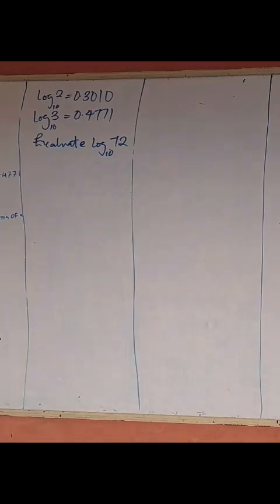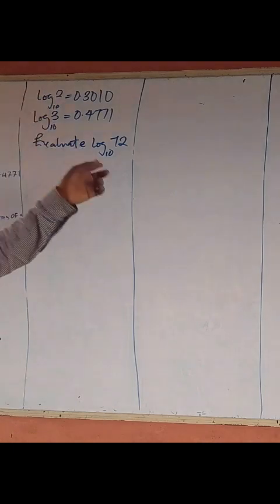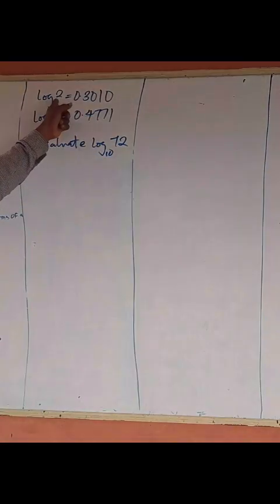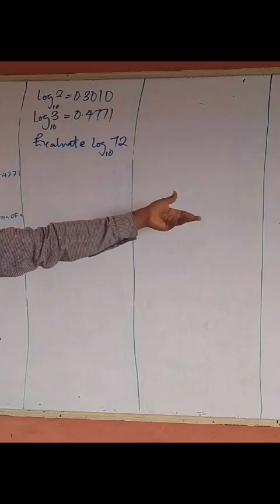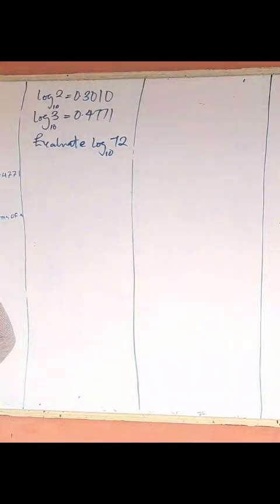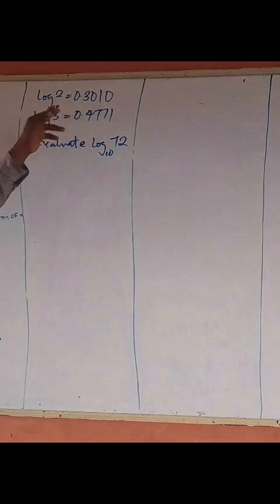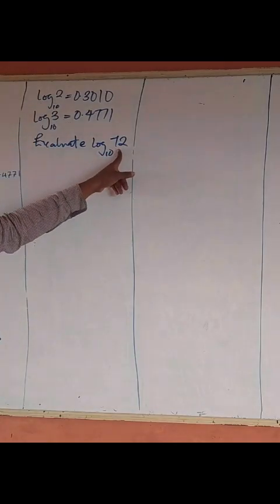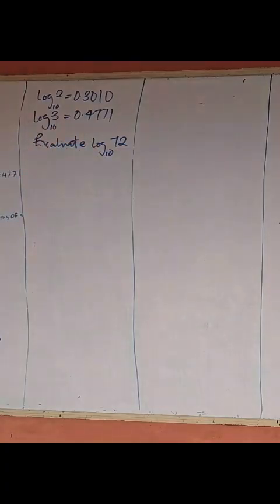Now, your target when it comes to this type of work: as far as they are giving you 2, 3, 5, maybe 7, not 10, because 10 is 1. Once they give you these numbers, your target is to break the number down so that it has only base 2 and base 3.